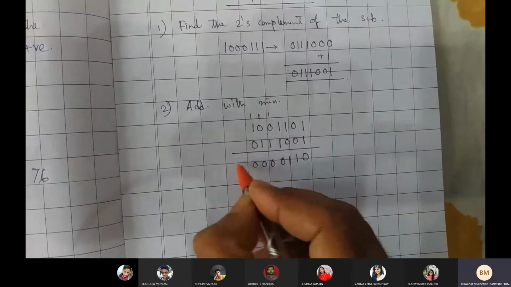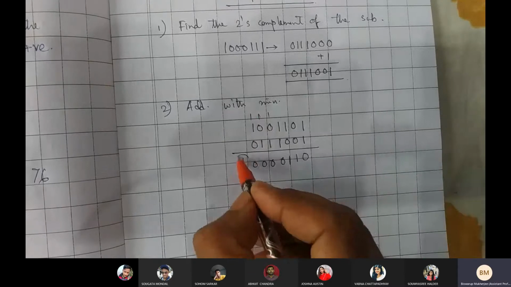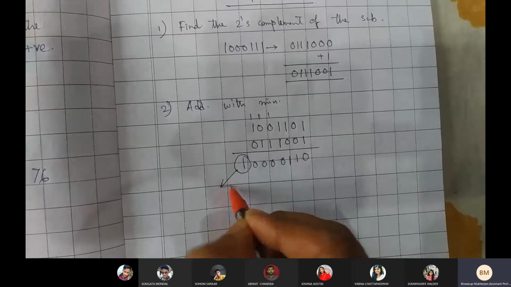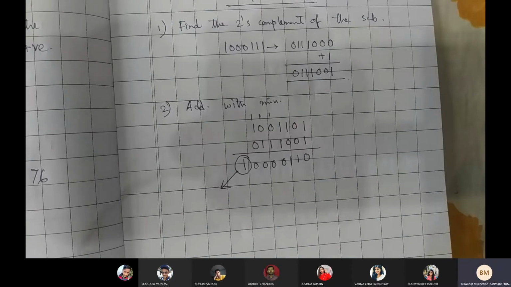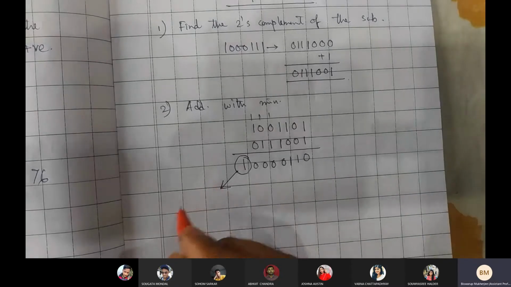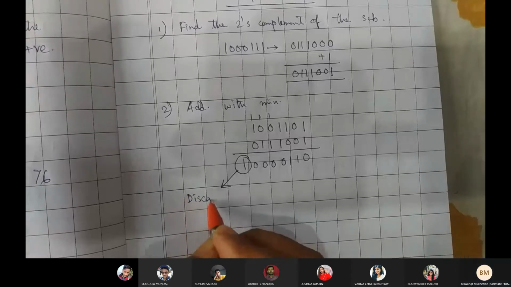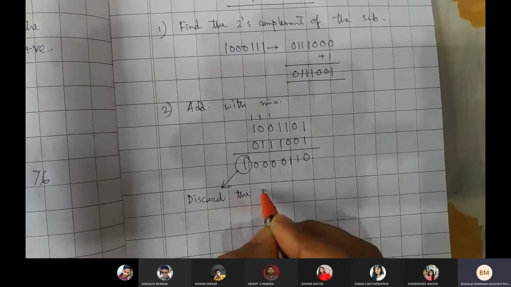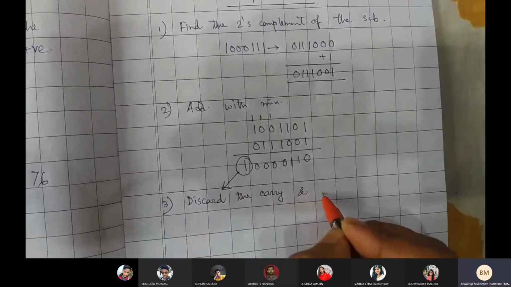Now again, if the carry generates, discard it. Make sure whenever you are going for tens complement or twos complement, if carry generates, you have to discard that one. So discard the carry and the result is positive.